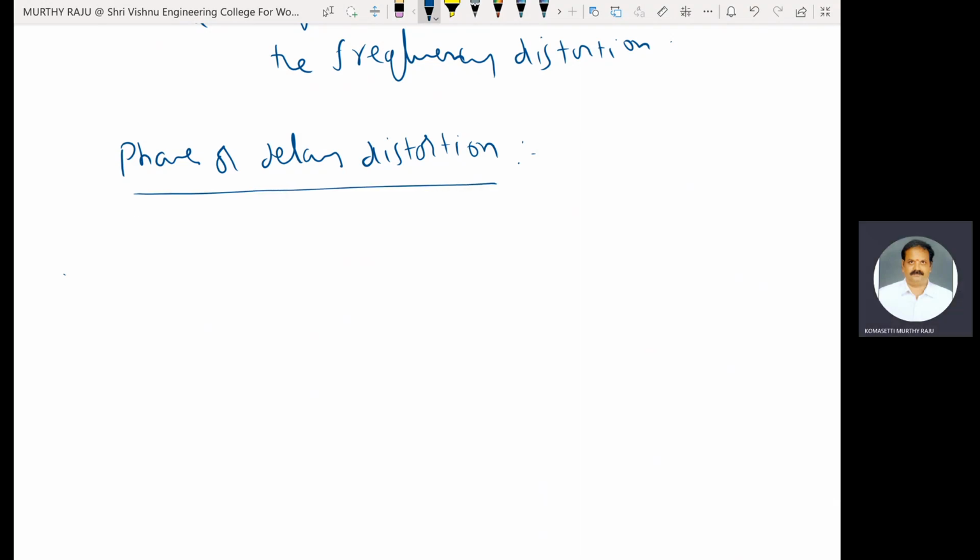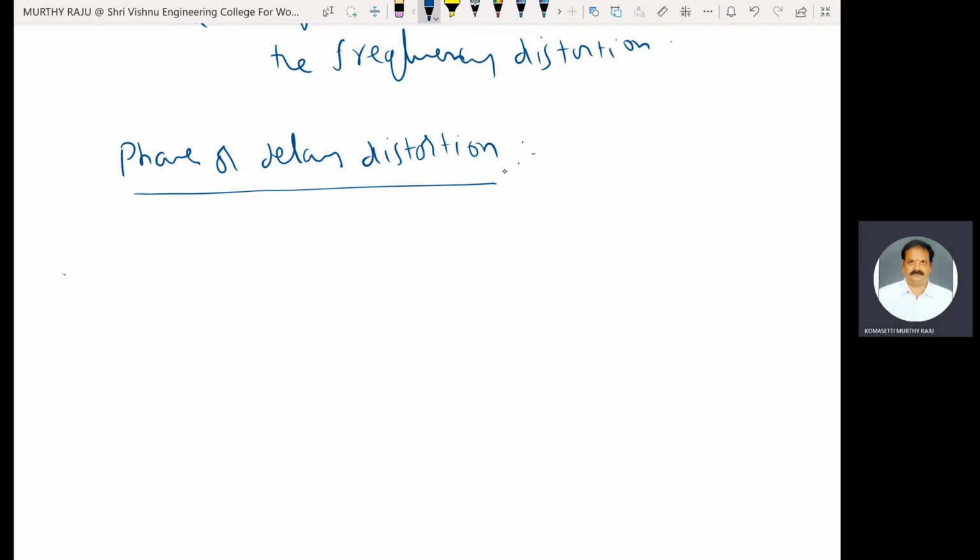Again, when a signal having many frequency components is transmitted along the line, all the frequencies will not have the same time of transmission, but some frequencies are delayed more than the others. Different frequency components will have different velocity of propagation.